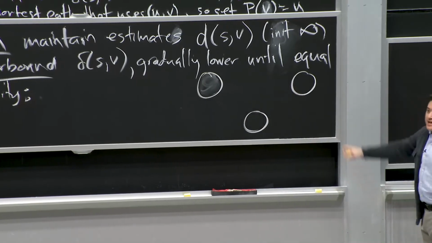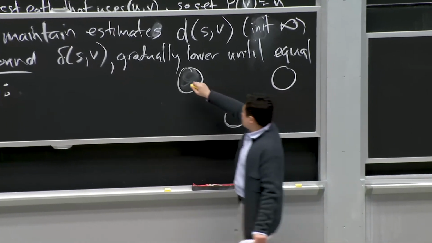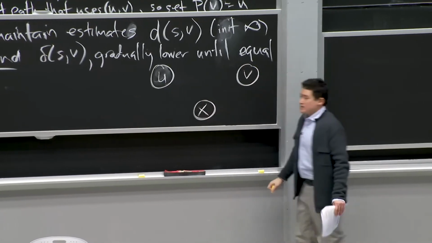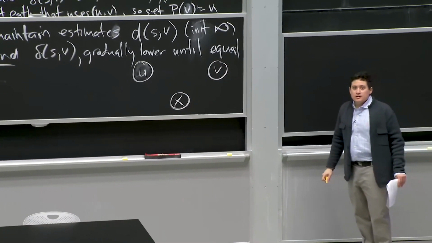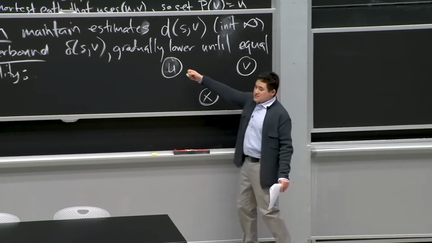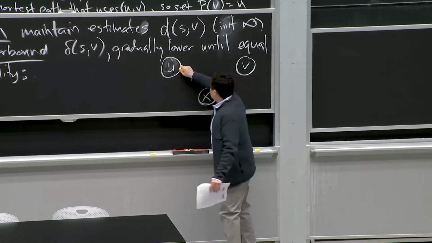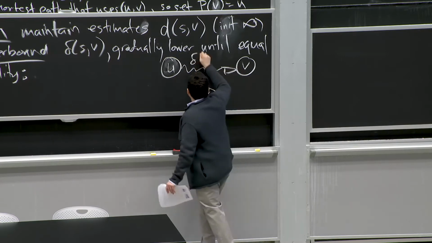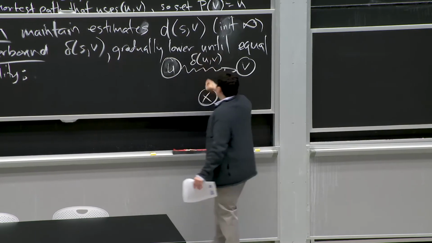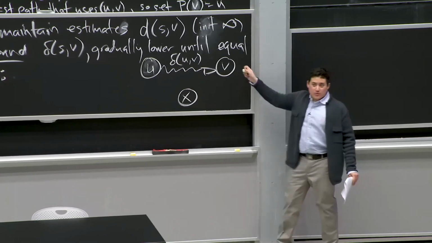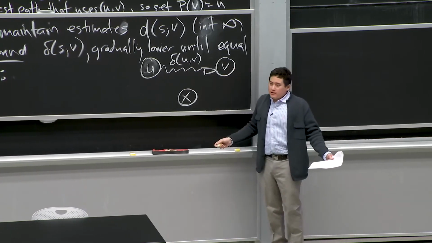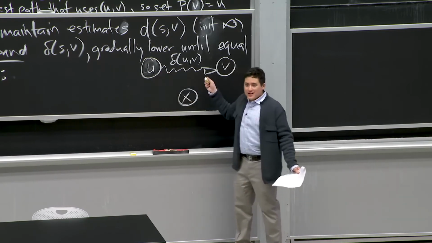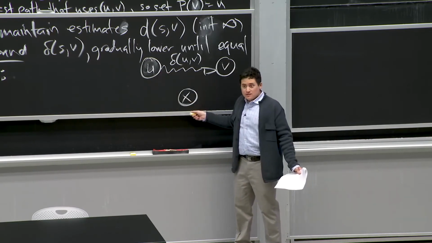If I have a vertex u, a vertex v, and a vertex x, for example, the shortest path distance delta of u v, that's the shortest path distance from u to v, can't be bigger than a shortest path from u to v that also goes through x.